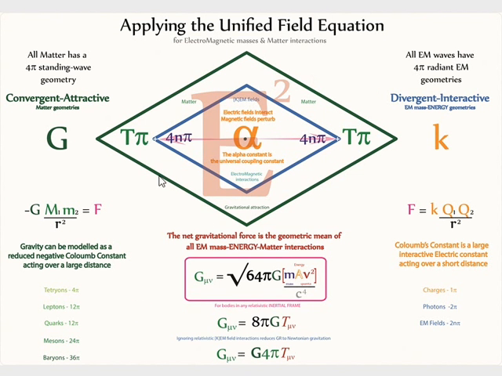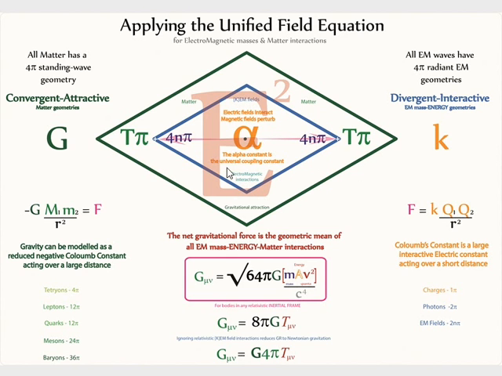We can finally apply the Tetryonic unified field equation to the geometry of gravitational fields as an inverse square law, and to electric fields as again an inverse square law that's superpositioned, and magnetic inverse cubed fields.